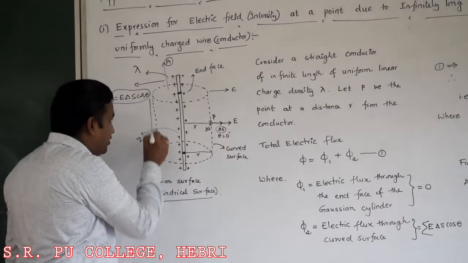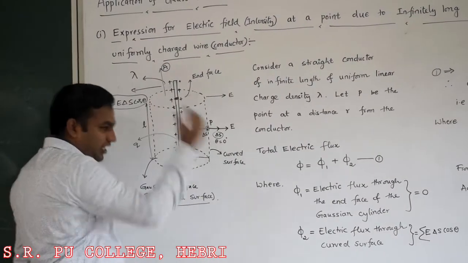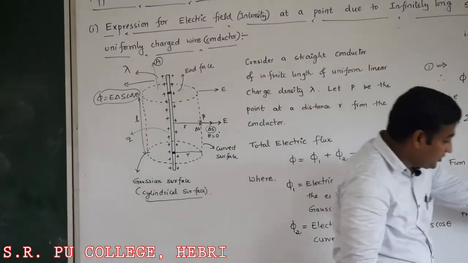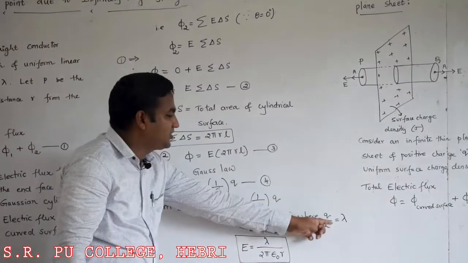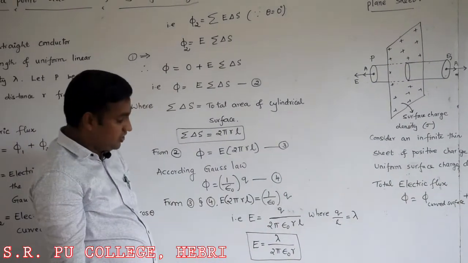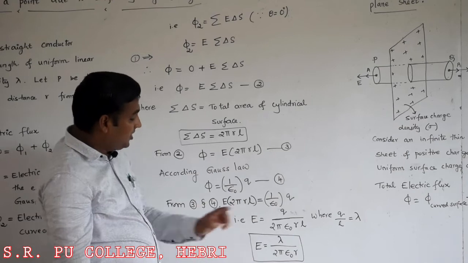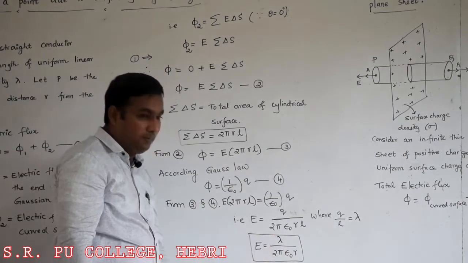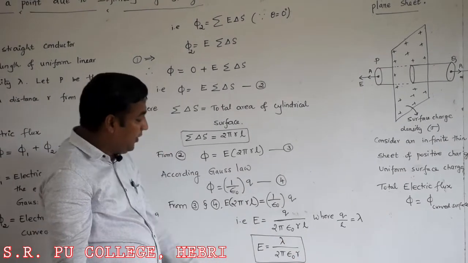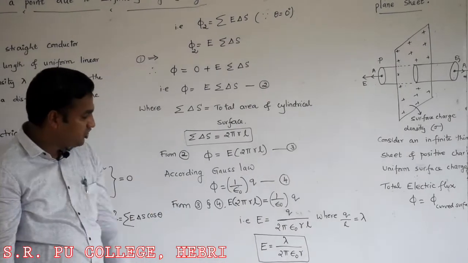Using Q divided by L equal to lambda, the linear charge density, at the end we get E is equal to lambda divided by 2 pi epsilon naught into R, where lambda indicates linear charge density.